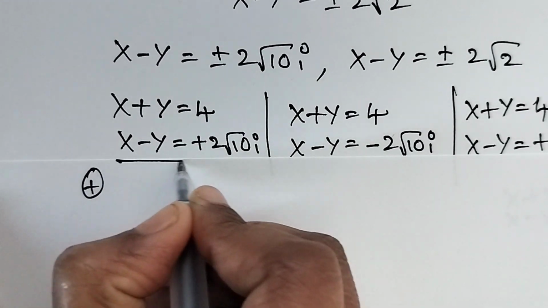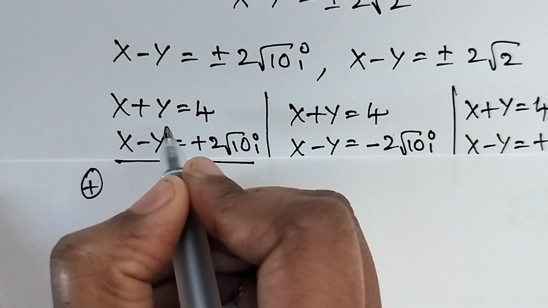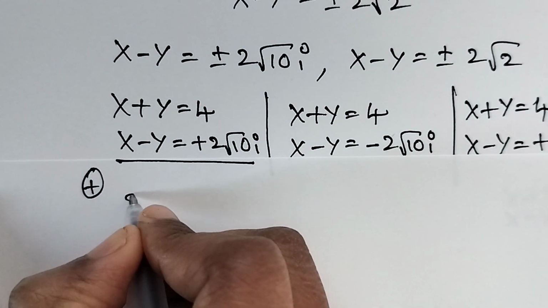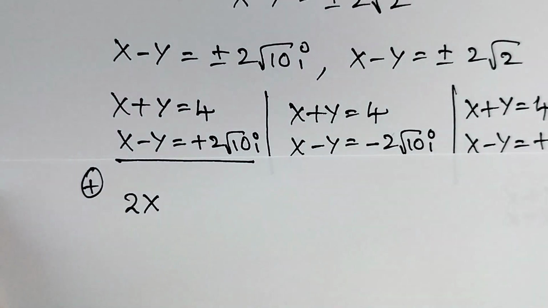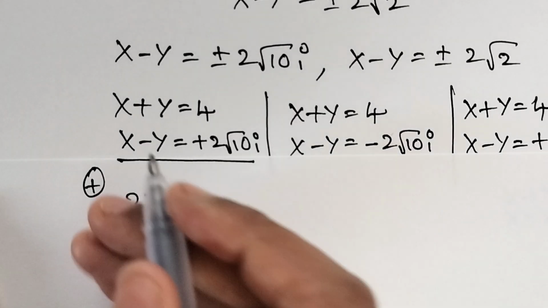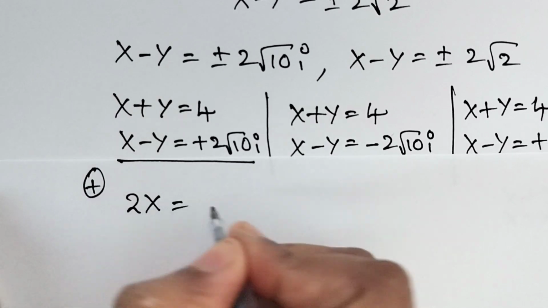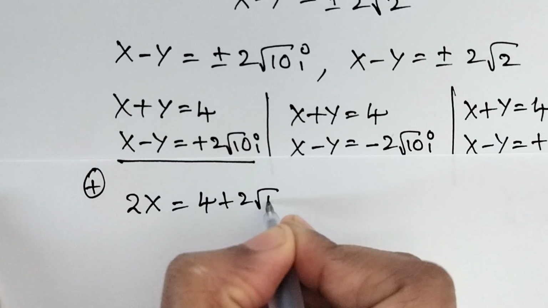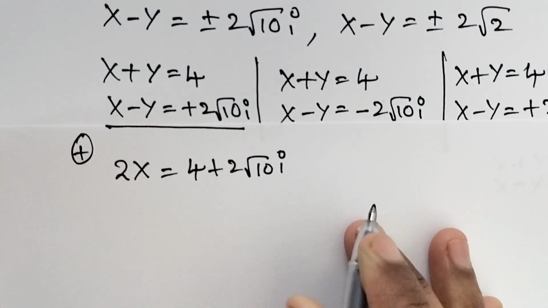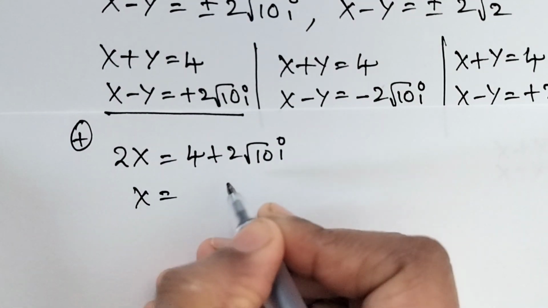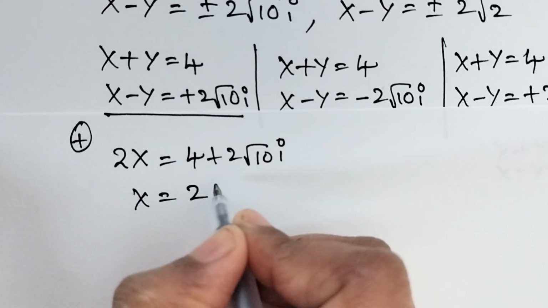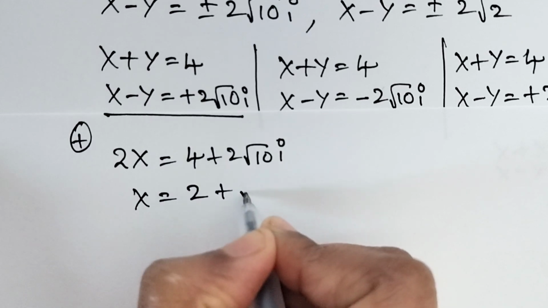Then y gets cancelled, so 2x is equal to 4 plus 2 square root of 10i, so x is equal to, divided by 2, 2 plus square root of 10i.